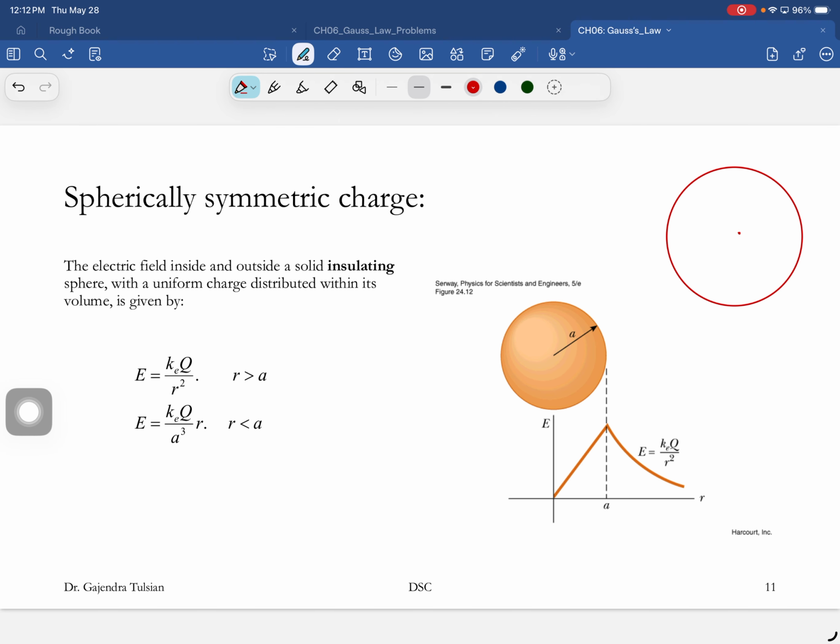So E is lambda divided by 2 pi epsilon naught r. But Ke, the Coulomb's constant, is 1 over 4 pi epsilon naught, so we multiply by 2 and divide by 2, and that becomes 2 Ke lambda over r. So that's the electric field.